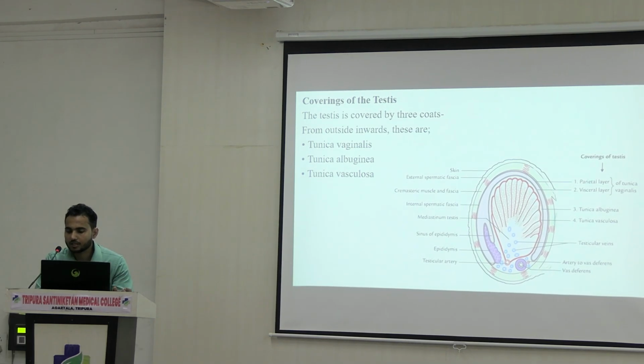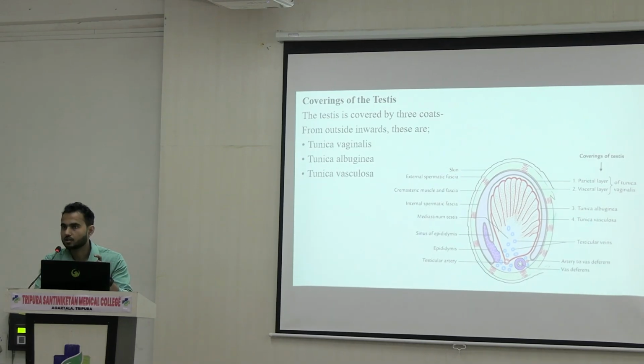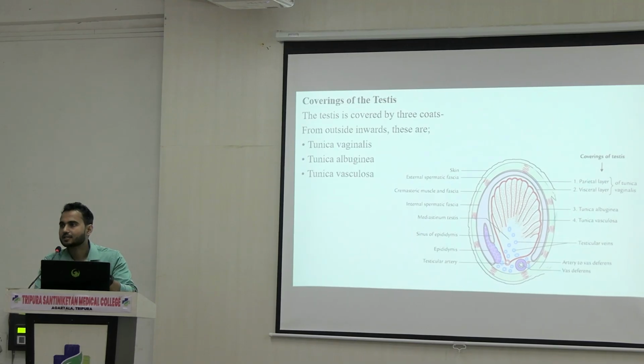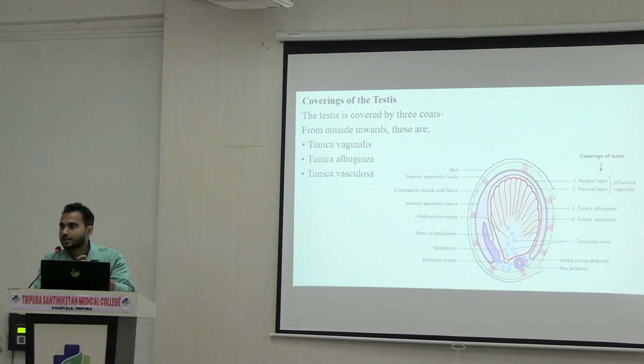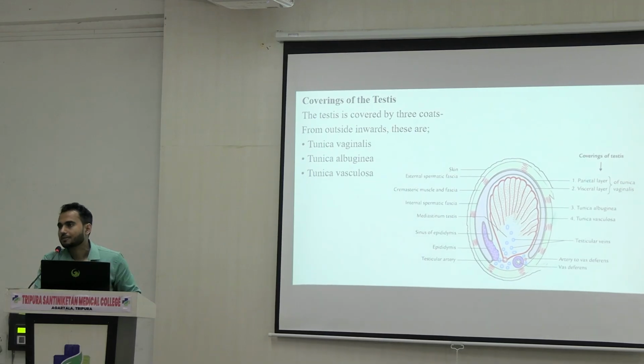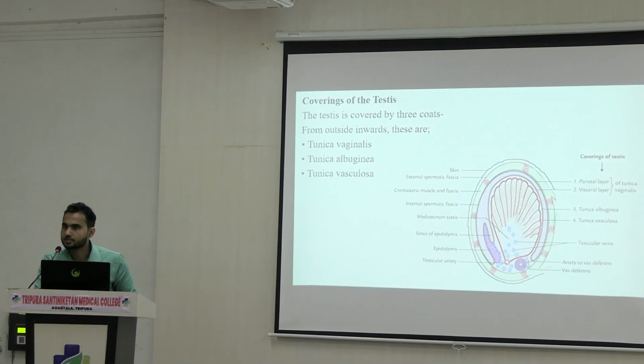The tunica albuginea, the fibrous layer covering the testis, sends an incomplete vertical septum from the posterior aspect of the testis. That vertical septum forms the mediastinum testis, which is very important.